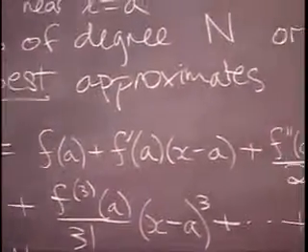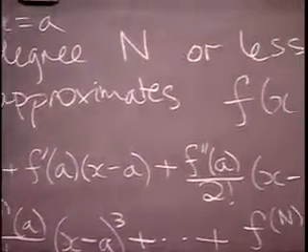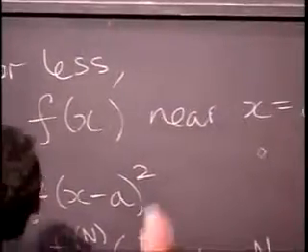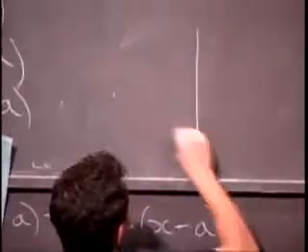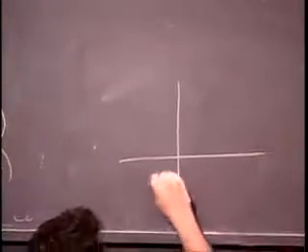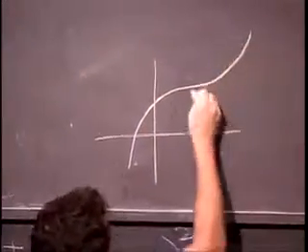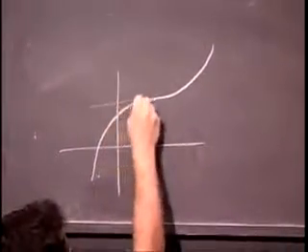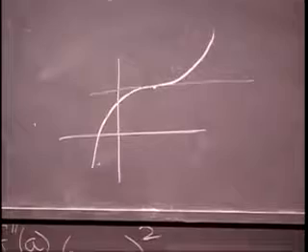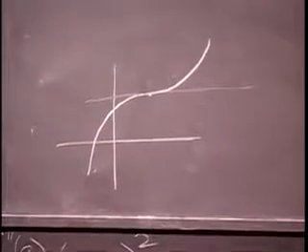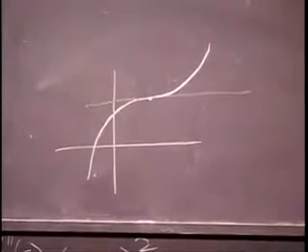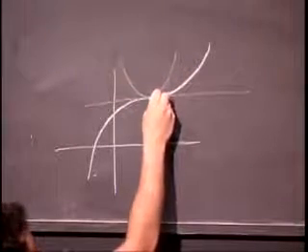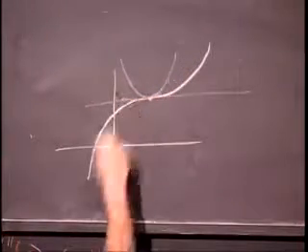It may be that starting with the linearization, there is no better quadratic. An example of such a thing might be a function that looks like this. Okay, so the linearization is the tangent line here. But it's not clear that any quadratic will be better. If I took a quadratic like this, then it's sort of maybe better up here, I don't know, but it would be worse on this side.